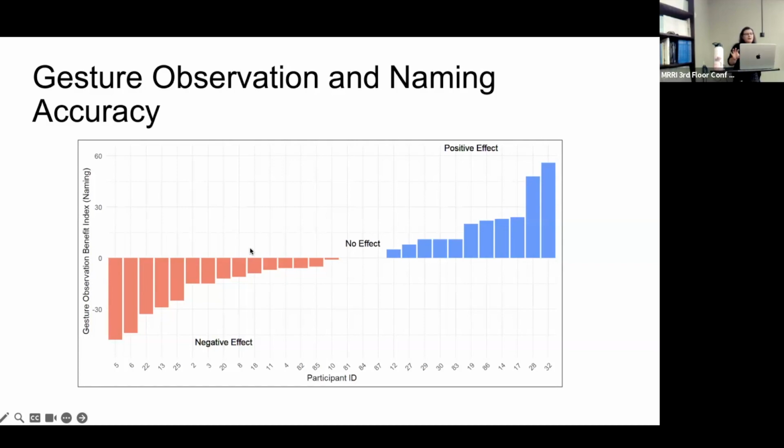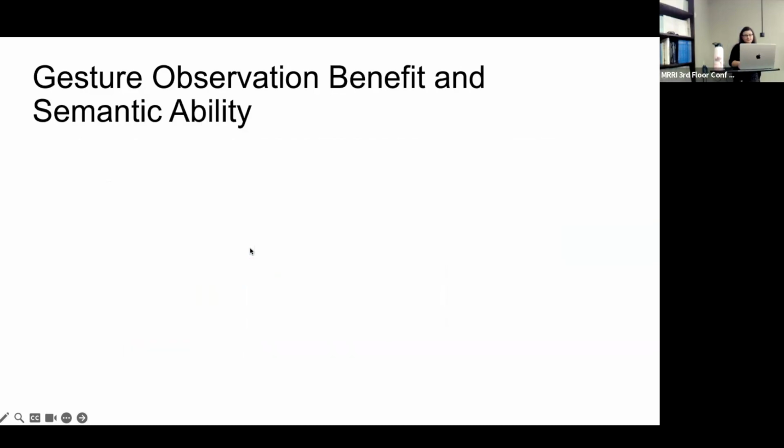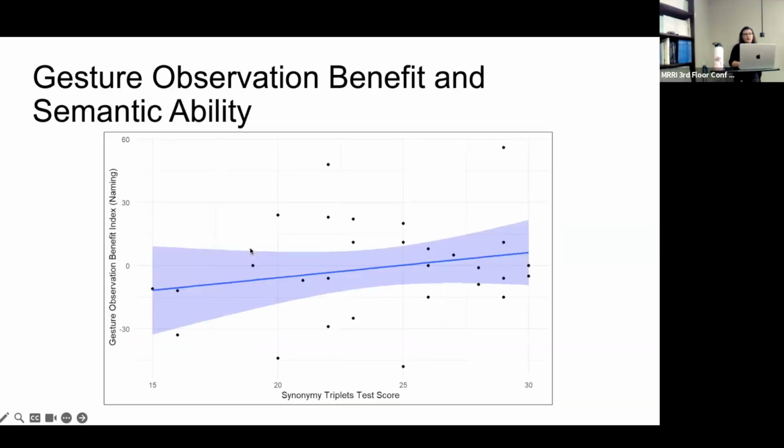So we examined whether the gesture observation benefit index could be predicted by some of the background measures that we collected, for example, of semantic ability. And so we found a positive relationship between their performance on the synonymy triplets test and their gesture observation benefit.